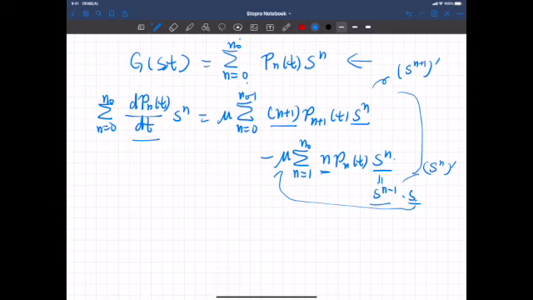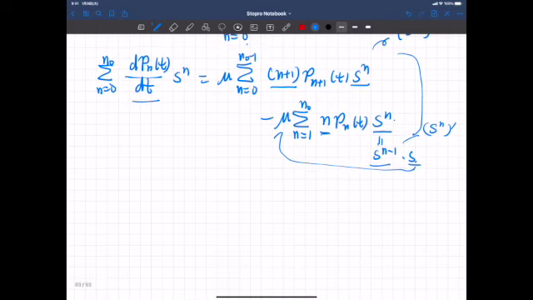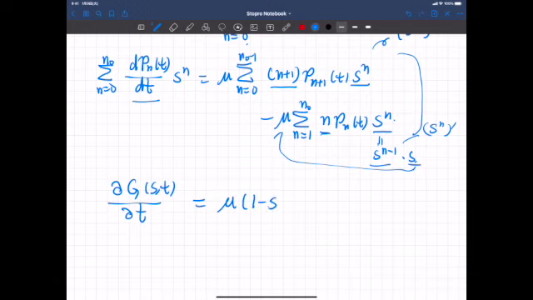After all, you should be able to derive this equation: the partial derivative of the PGF with respect to t is equal to mu (1 minus s) times the partial derivative of the PGF with respect to s.